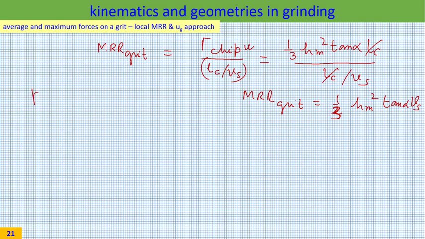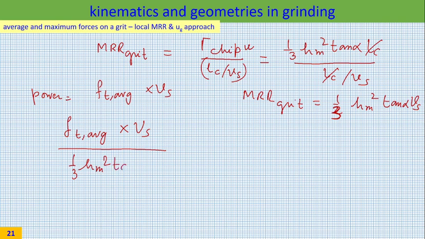What was your power at grit level? Power at grit level is FT average into Vs. So FT average into Vs divided by 1/3 HM square tan alpha Vs equals UG, because this is power divided by material removal rate.